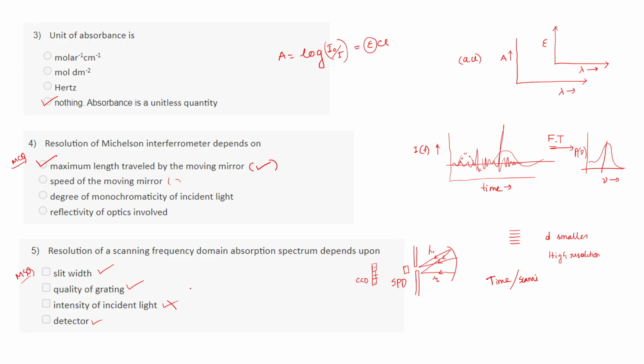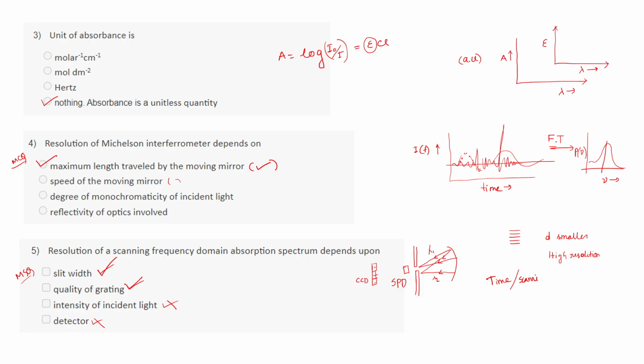So the main things that are going to affect your resolution, you are correct, are slit width and quality of the grating. The detector and incident light intensity have some effect, but they are not the main thing in resolution. Okay, so these are the two: slit width and quality of the grating.